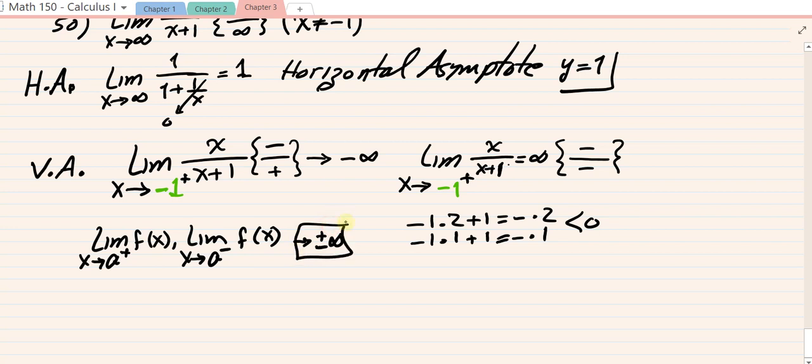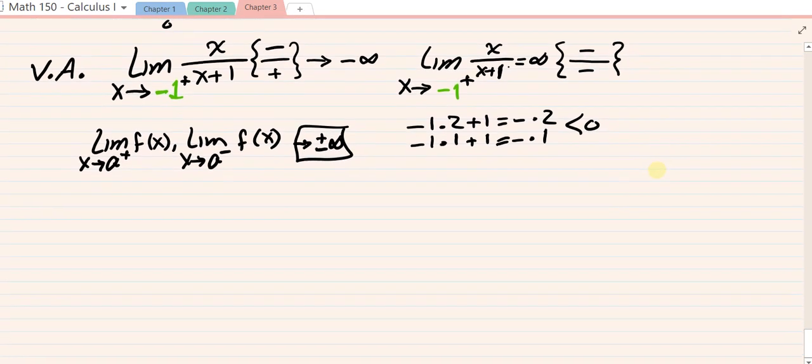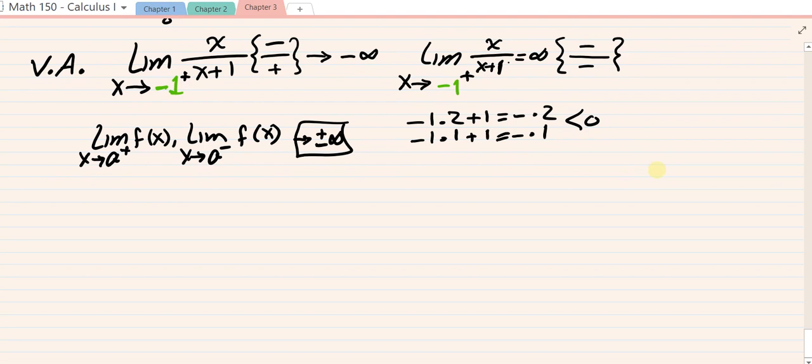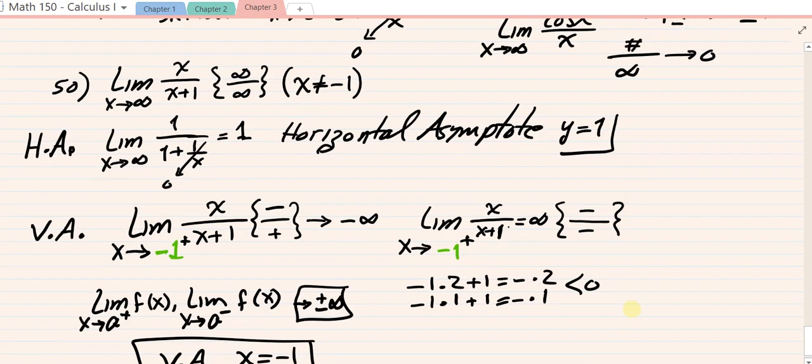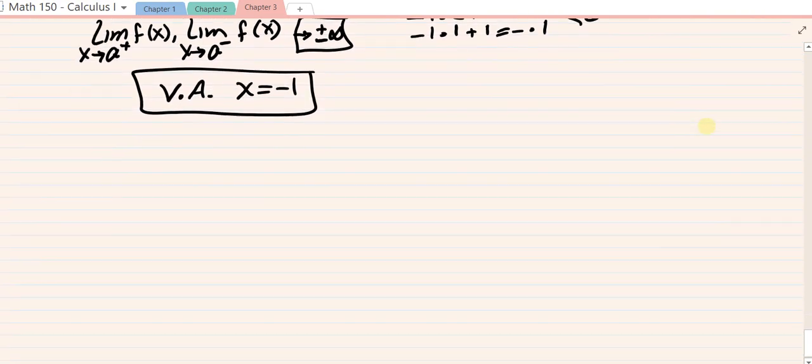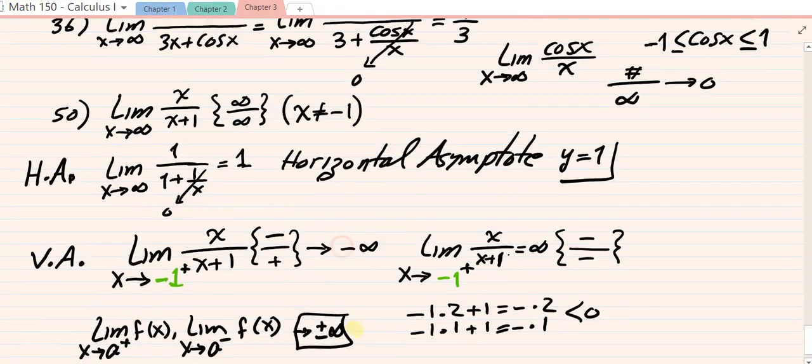In this case we did, so we don't have to do both. You don't have to do both as long as you show the limit is either infinity or negative infinity. So we do have a vertical asymptote. The vertical asymptote is going to be at x equals negative 1. And we already established the horizontal. That was number 50.